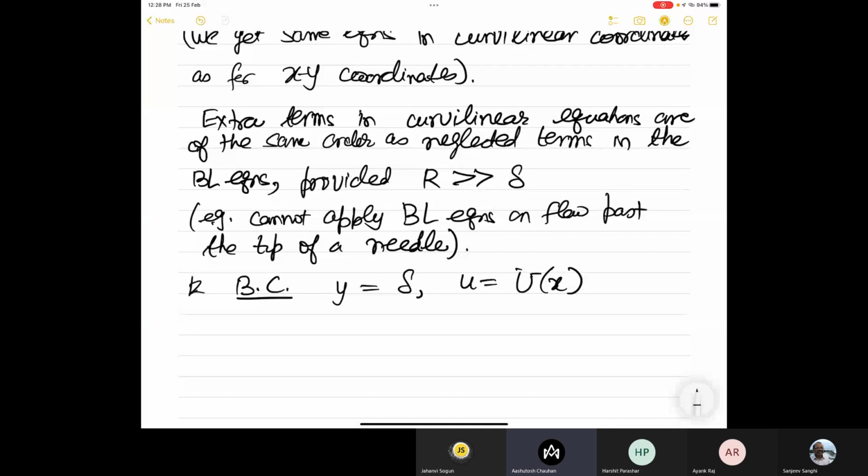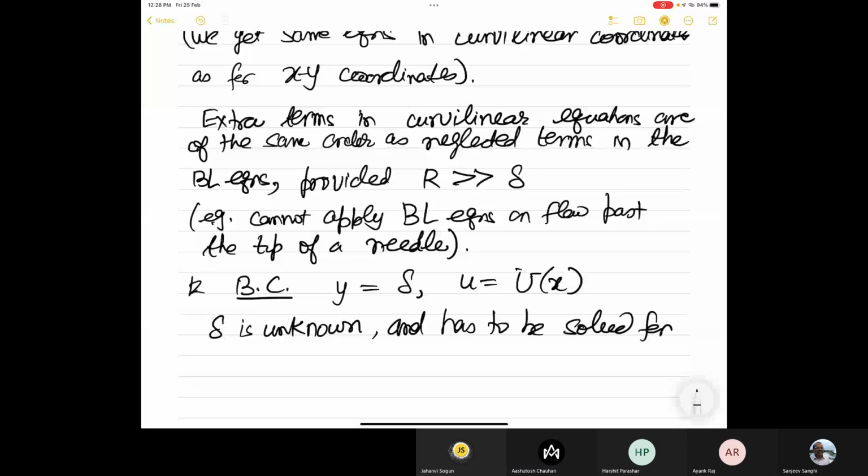So delta is not a constant. Delta is not known. Delta itself has to be derived. The problem with this is delta is unknown and has to be solved for from the boundary layer equations.